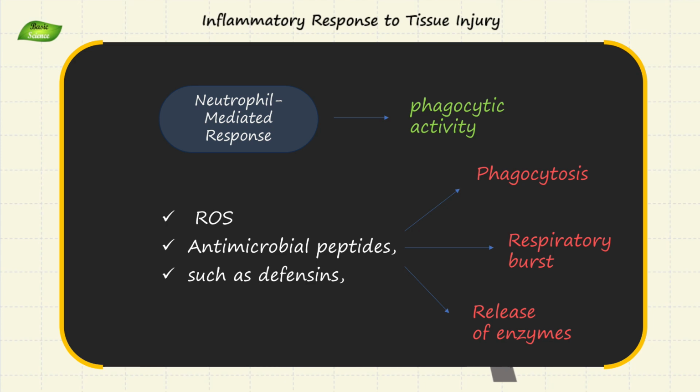Then they will kill the organism by using reactive oxygen species and antimicrobial peptides such as defensins, causing destruction of the pathogen. In this step, the key events are phagocytosis, which is eating up the bacteria; second, respiratory burst, where ROS, reactive oxygen species, get generated; and next, release of enzymes that will cause damage to the host.